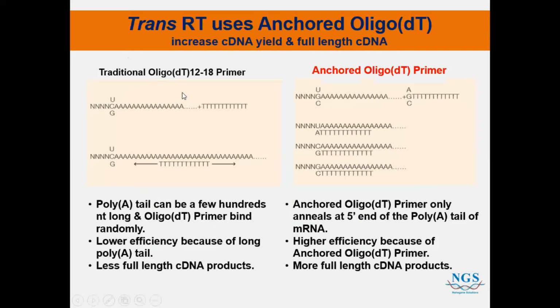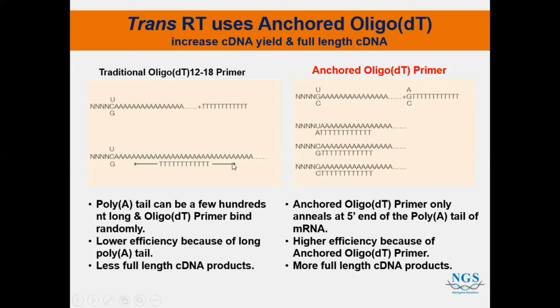Okay, it could be up to a few hundred base pair long, and then if let's say our oligo dT primer binds randomly at the A tail, okay, somewhere here, so this will reduce the efficiency. Okay, you will not get full-length cDNA.